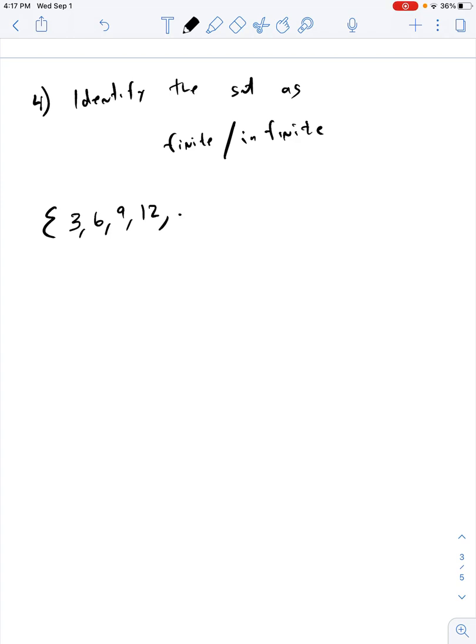Remember, whatever's inside the set is called elements. So they give you this set with these elements on the inside. Is it finite or infinite? So remember, finite means that you can count the amount of elements.